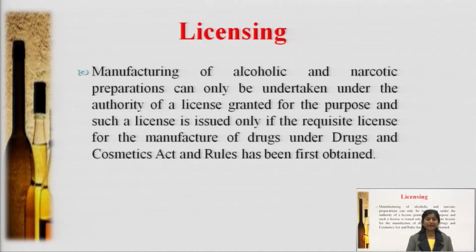Now, coming to the next important part, that is licensing. Manufacturing of alcoholic and narcotic preparations can only be undertaken under the authority of a license granted for the purpose, and such a license is issued only if the requisite license for manufacture of drugs under Drugs and Cosmetics Act and rules has first been observed or obtained.